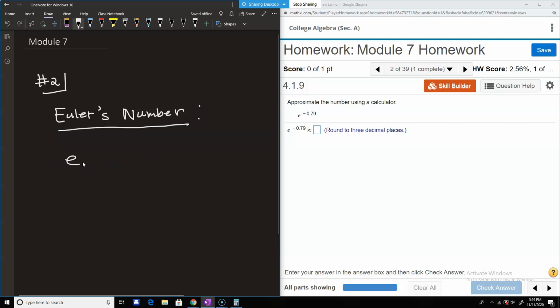So this number e is maybe the second most famous irrational number in math after pi. Its decimal expansion continues forever and ever without any pattern or recognizable string of digits, without repeating or terminating.